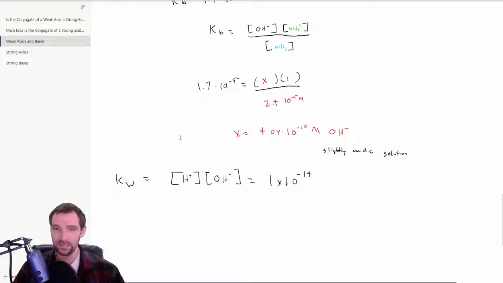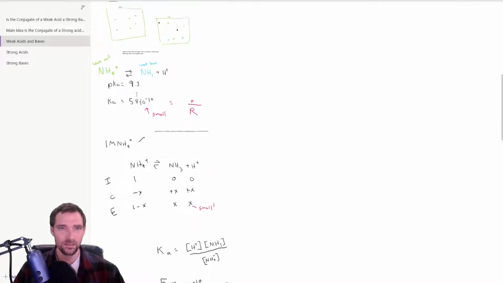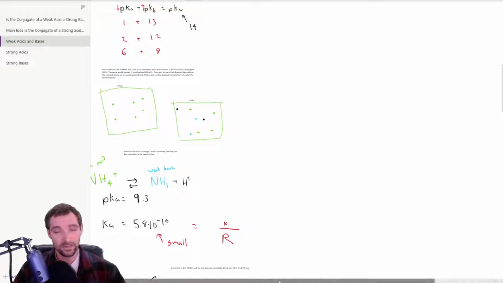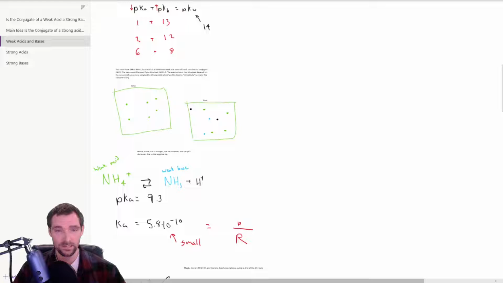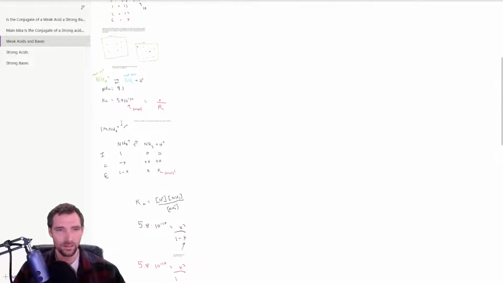The interesting thing to note is if you did the same dissolving, but you had 1 molar of NH3 and it dissolves, it's going to do very similar to what the NH4 plus did. It's going to start off as all of its reactant.